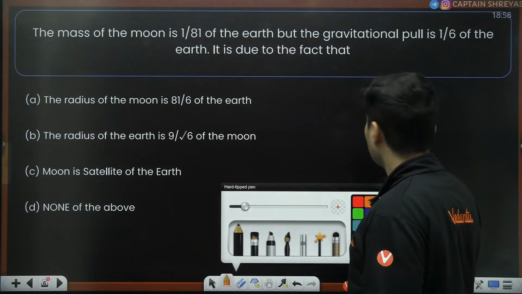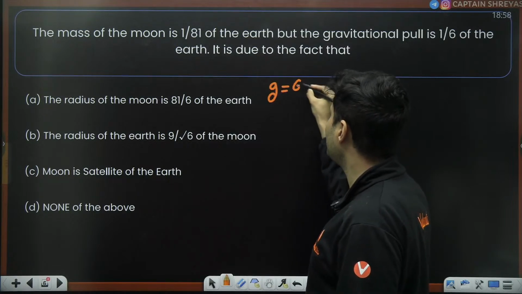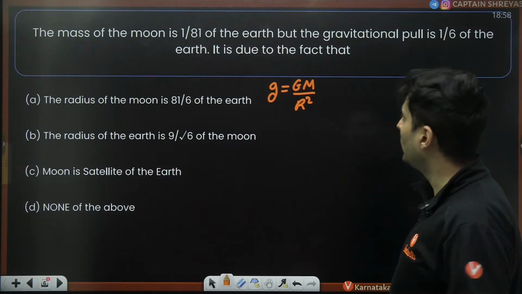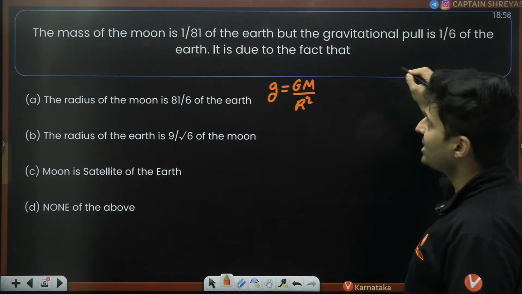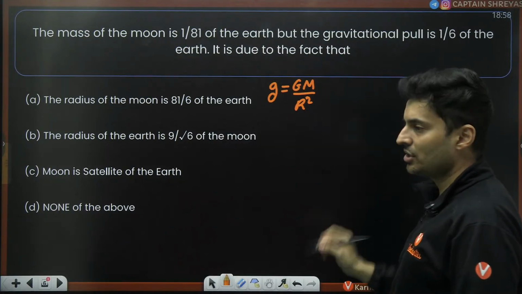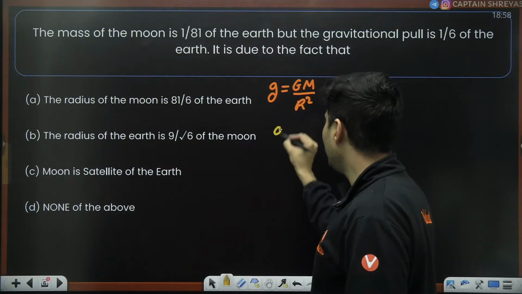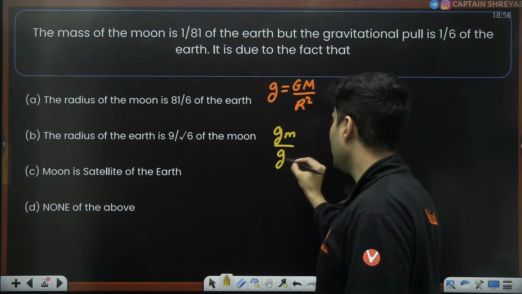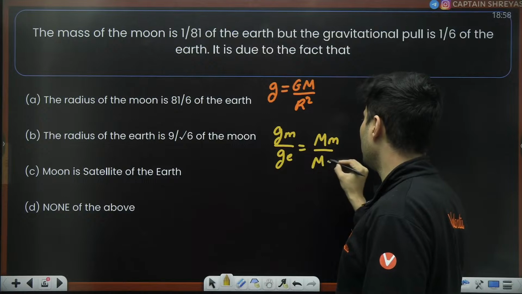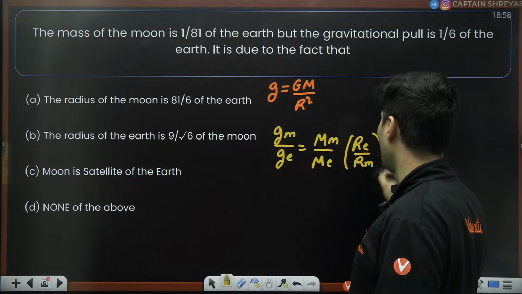All right. So we know acceleration due to gravity has a formula of GM by R square. Correct? Everyone? Okay. So the gravitational pull is 1/6, mass is 1/81. So radius has some ratio or relation maybe. So if this is the case, then gravity on the moon by gravity on the earth, G is a constant, is mass of the moon by mass of the earth, but radius wise it is inversely proportional to the square of it.